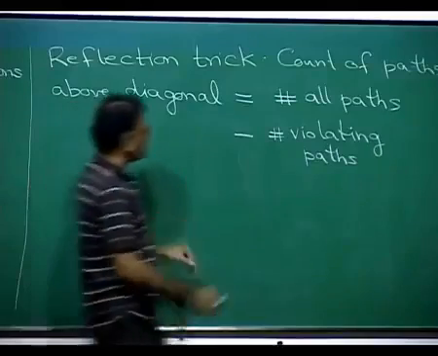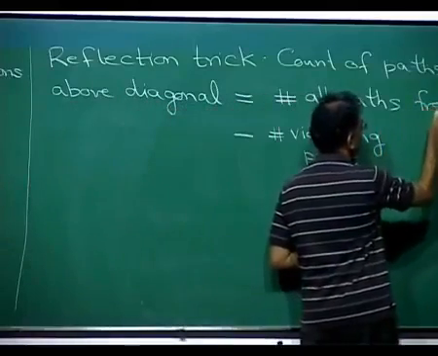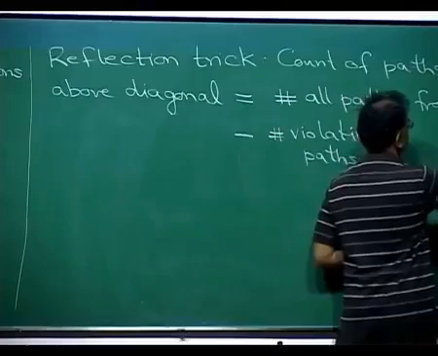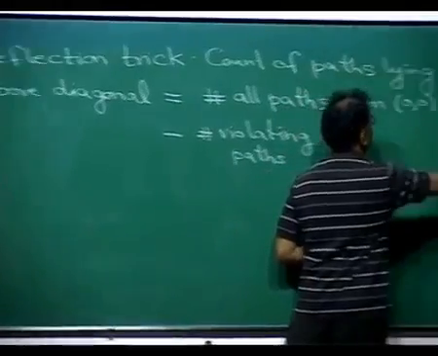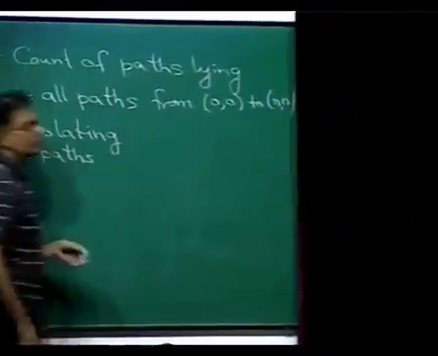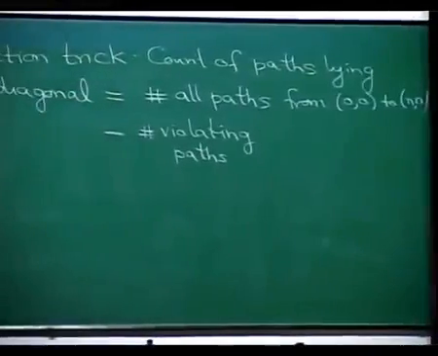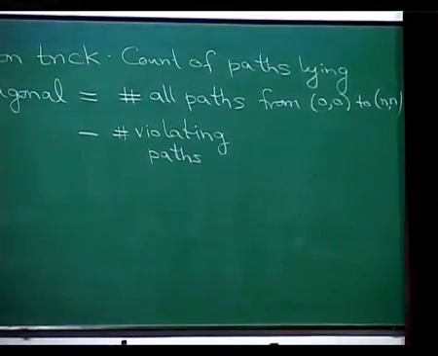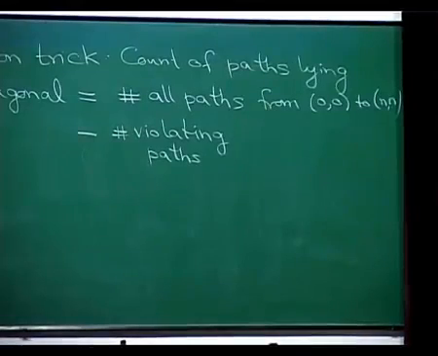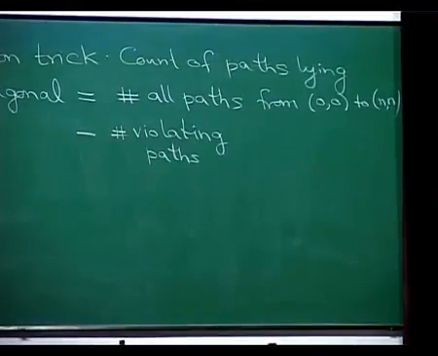All paths, what all paths? All paths from 0, 0 to n, n, of course. That count we know. We know the number of paths from 0, 0 to n, n, all paths which go only up or right. We know how to do that. That number is exactly 2n choose n. This part is fine. So all we have to do is to show that the number of paths that violate that condition is 2n choose n minus 1.